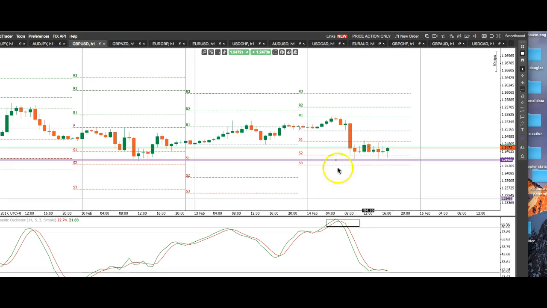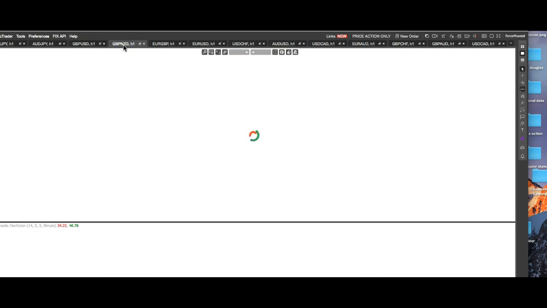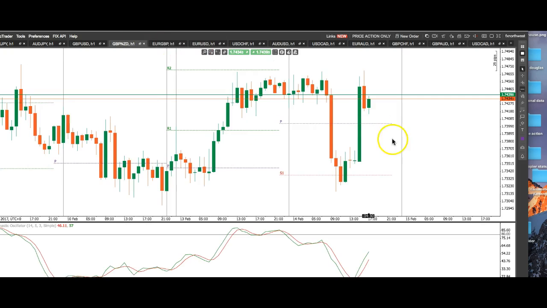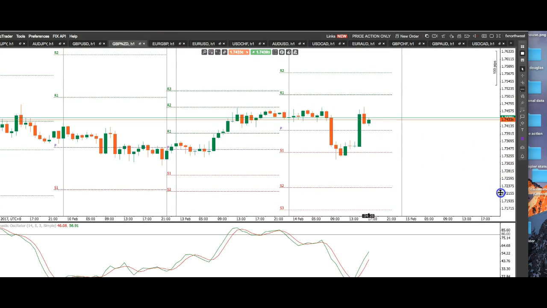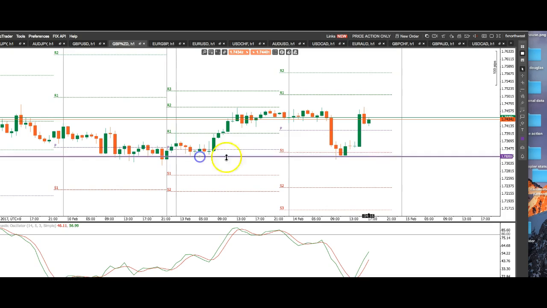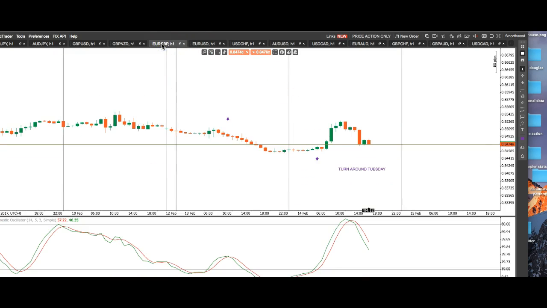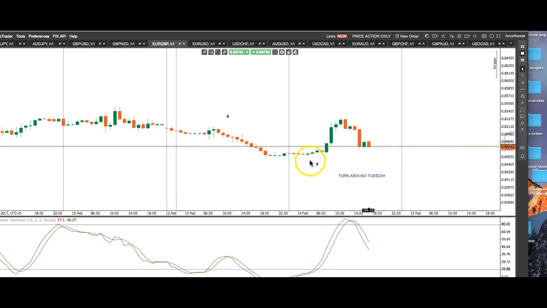So we took that trade and exited at the support. There were quite a few. Here is the other one. Here's Monday's rally, and there's Turnaround Tuesday's retracement, and we exited down at the support level. It was a good trade that we took.